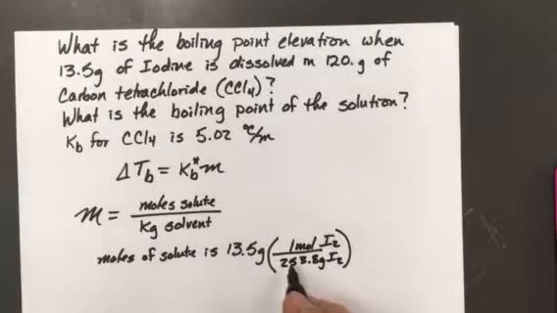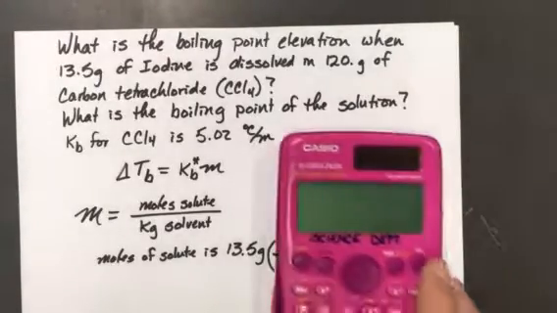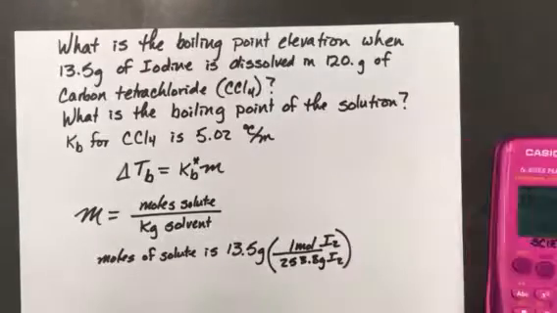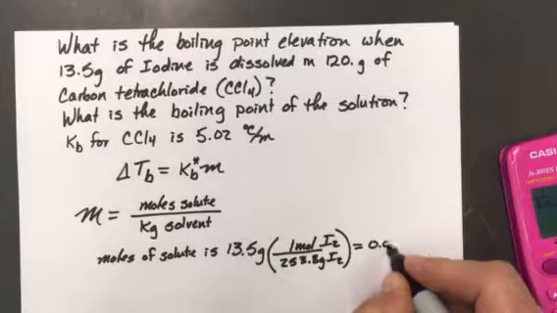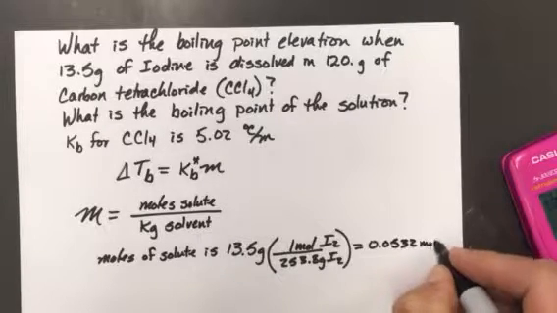So we do this math, punch it into the calculator, and I can do that really quick. I'm going to just take 13.5 divided by 253.8, and this is going to be 0.0532 moles of iodine.